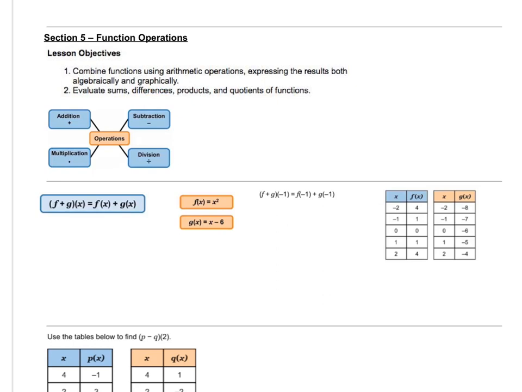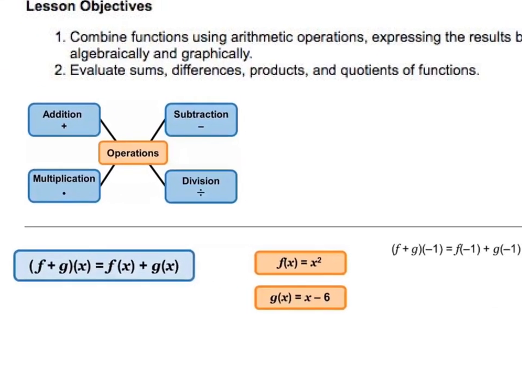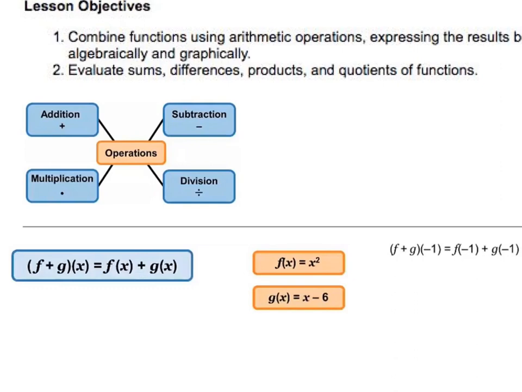So we learned about evaluating functions in the last class, but what we have here is we're able to operate within those functions. Basically, this means that we are going to operate on functions.